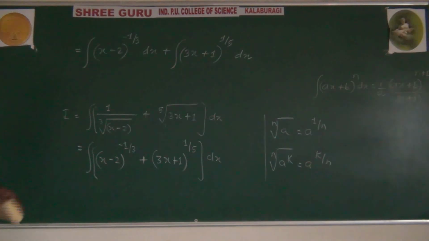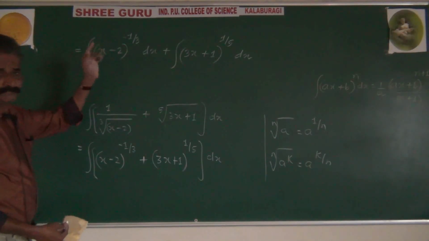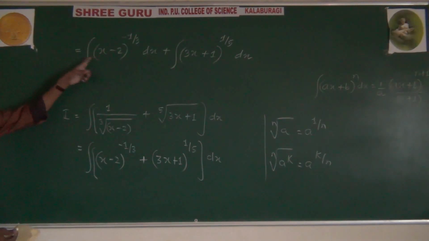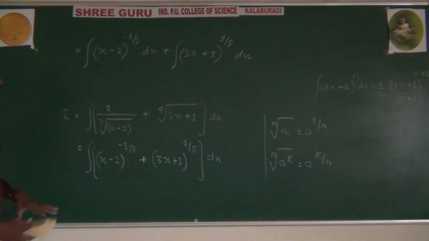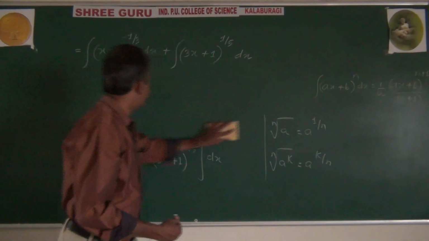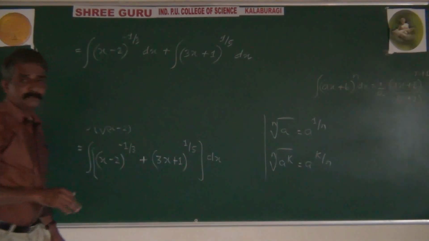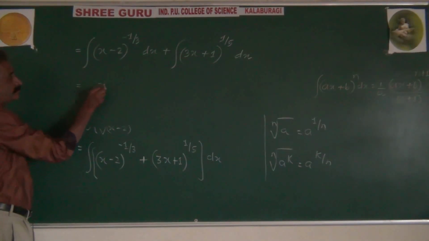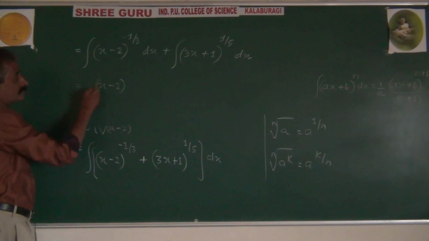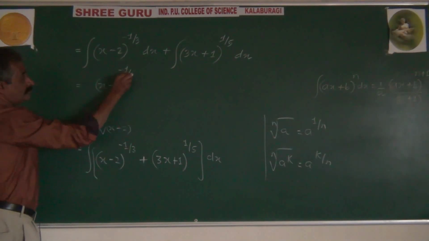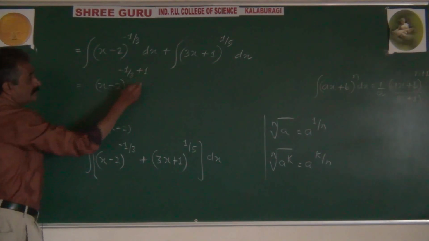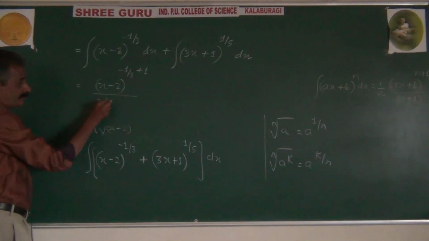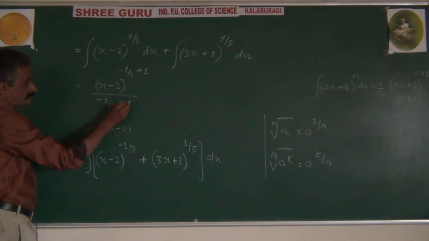You can treat it as if in the form of x to the power n. No wrong with that, but if there is a coefficient of x, you have to divide. So it is just like integration of x power n, but instead of x, we have x minus 2. Answer: (x minus 2) to the power minus 1 by 3 plus 1, divided by minus 1 by 3 plus 1.